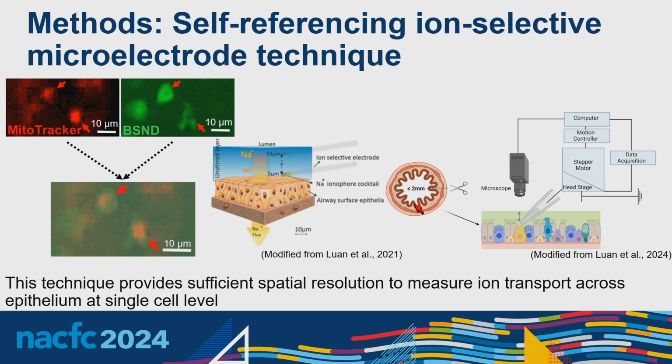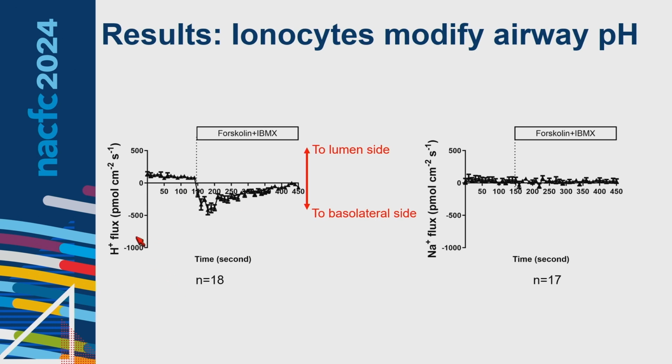So we dissected our distal airway tissue from the swine, flattened it, labeled it with MitoTracker, and then used our technique to measure single cell level ion transport through pulmonary ionocytes in swine distal airway. So here are our results. We measured both proton movement and sodium movement through the ionocyte.